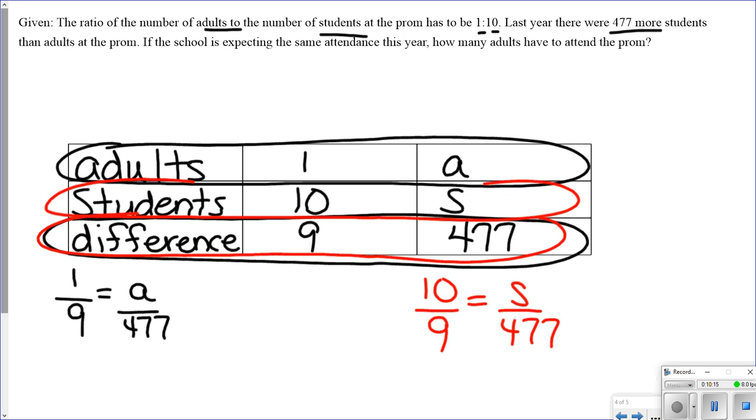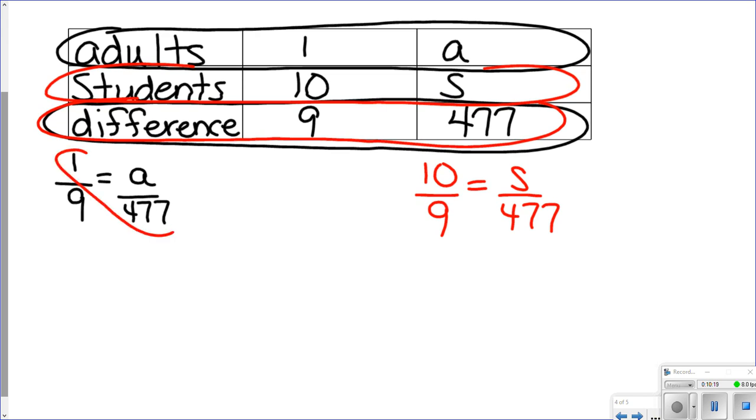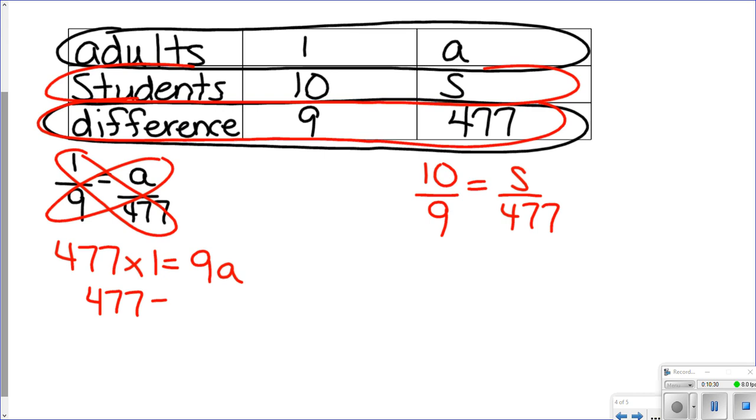Okay, now we're going to cross multiply with the first one. 477 times 1 equals 9A. 477 times 1 is 477 equals 9A. Divide both sides by 9. 477 divided by 9. 9 does not go into 4. 9 goes into 47 5 times.